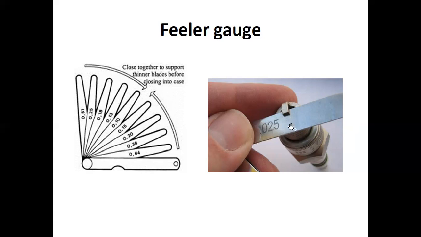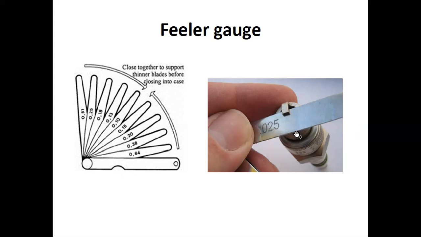Generally, the gap of your spark plug, which you are already using in your two-wheelers' spark ignition petrol engines: when the spark plug is worn out, we replace it. We check with a filler gauge having a 0.06 mm gap.